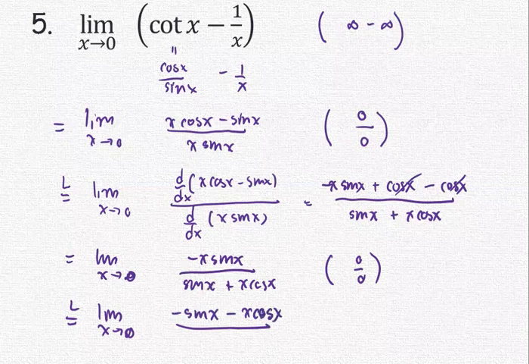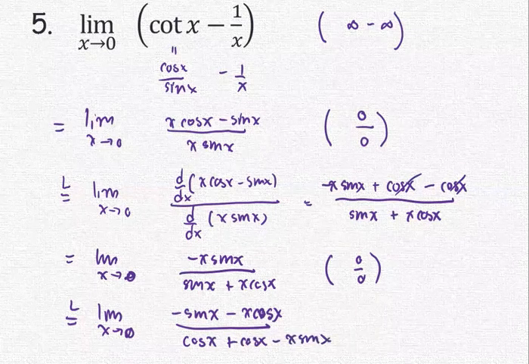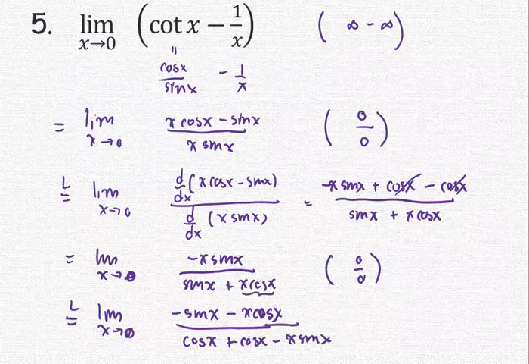For the denominator, the derivative is cosine x plus cosine x minus x sine x, from using the product rule on the second term of the denominator. The cosine x plus cosine x becomes 2 cosine x minus x sine x for the denominator. The numerator cannot be simplified.